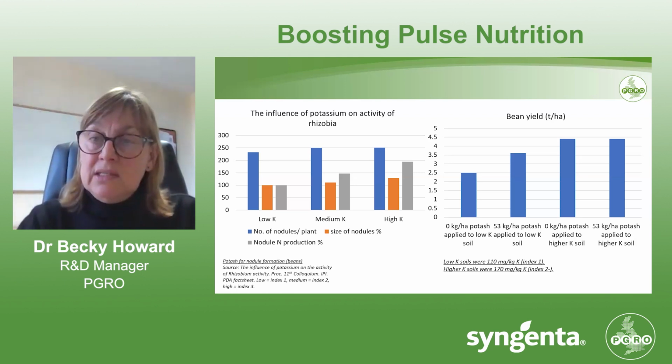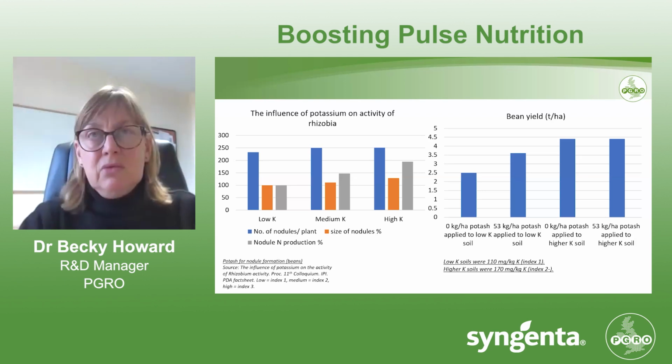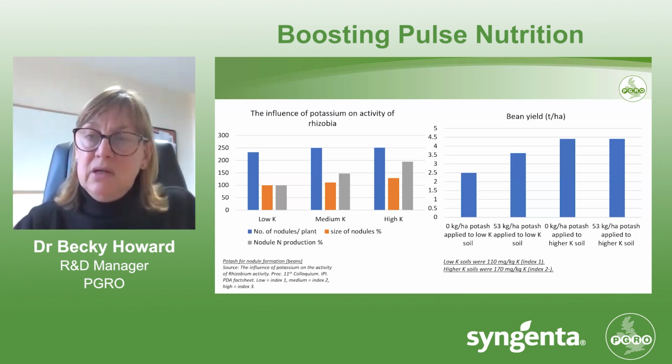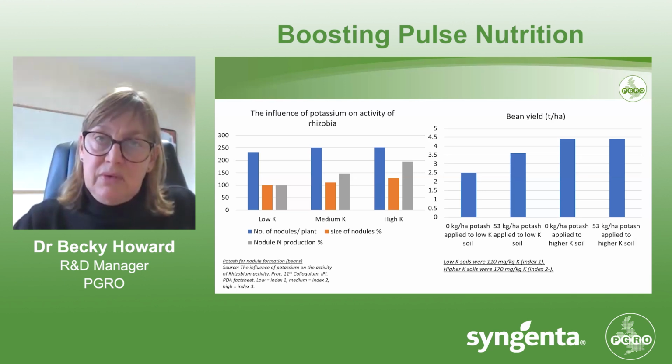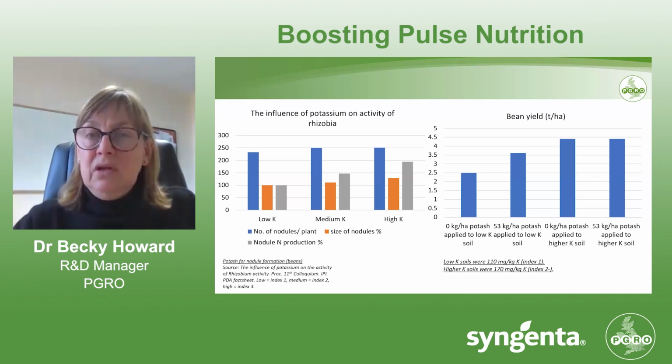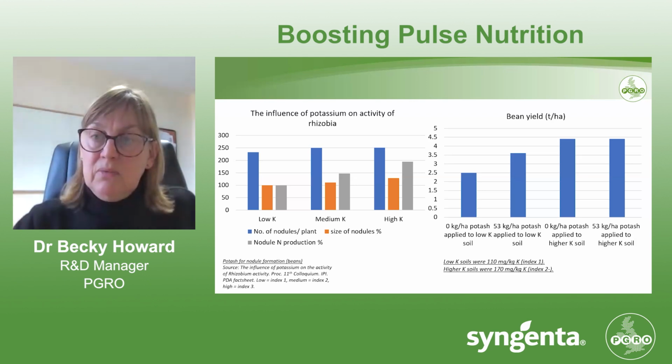And what you can see is that the beans are responding quite well in terms of yield on that low potash soil where potash is applied. But when we get to a soil with adequate potash, the bean yield is not responding when you add an application of potash.